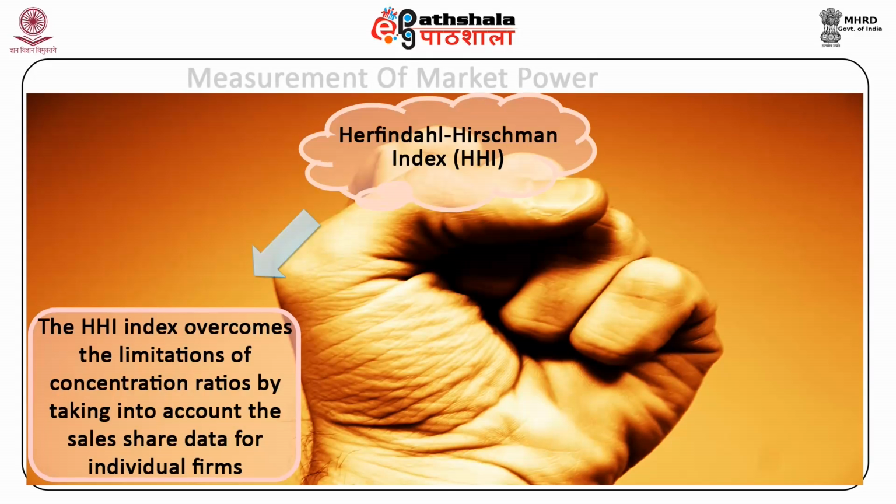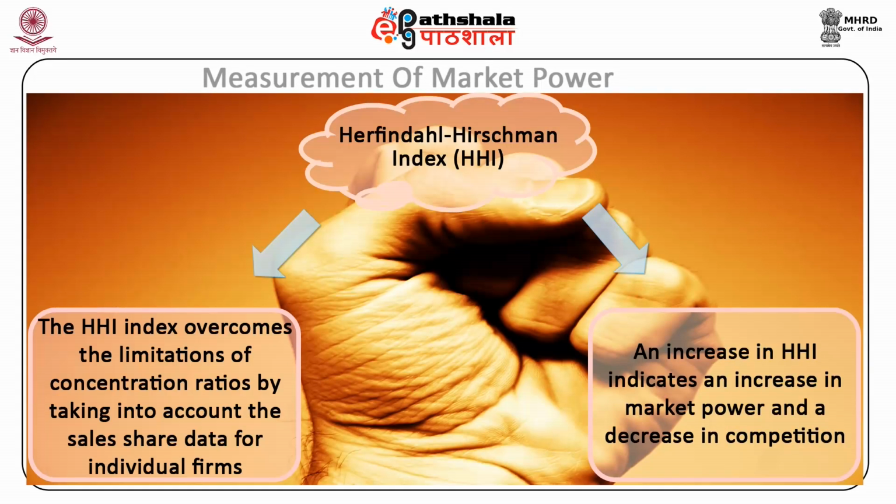The HHI index overcomes the limitations of concentration ratios by taking into account the sales share data for individual firms. It is defined as the sum of the squares of the market shares of the firms within the industry where the market shares are expressed as fractions.